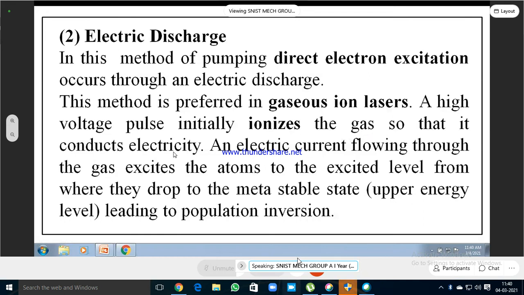This electrical current flowing through the gas, meaning the electrons, excites the atoms to the excited level, so they transfer their energy. Electrons transfer the energy they gain from accelerating through the gas to the atoms, and the atoms jump from the ground state to the excited state.